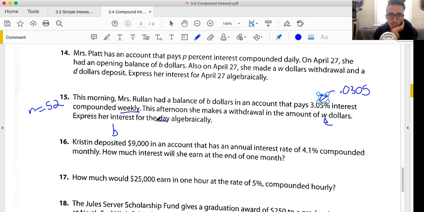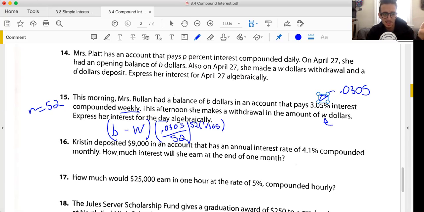So I'll probably need 0.0305 over 52. And then the withdrawal is a big idea also, because we want to actually deduct that from our principal. And then this occurs 52 times, but this is just 1 day out of the 365. I'm going to go ahead and say that's it.